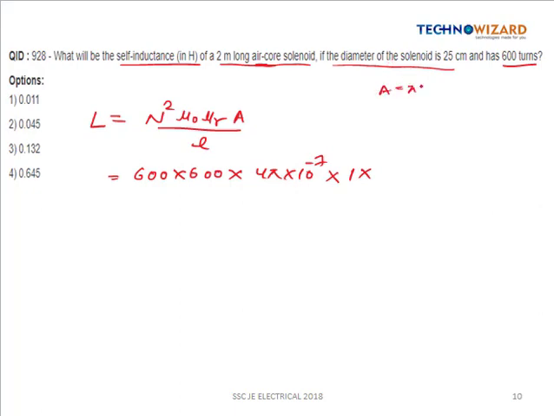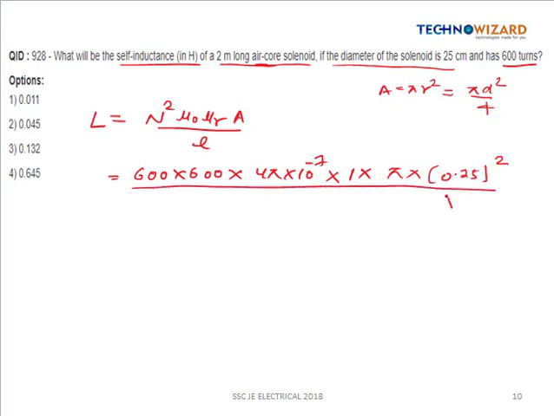we will consider the circular core solenoid, so area will be given by pi r square, which is also equal to pi d square by 4, so this is equal to pi, and the diameter we have to convert into meter, so this will be 0.25 square by 4, into length. Length is given, which is 2 meters, so this will be equal to 2.